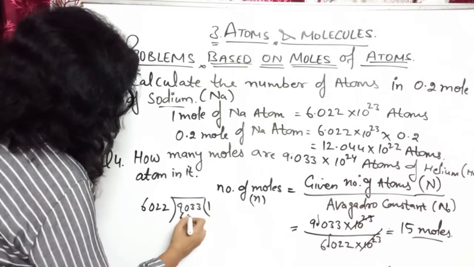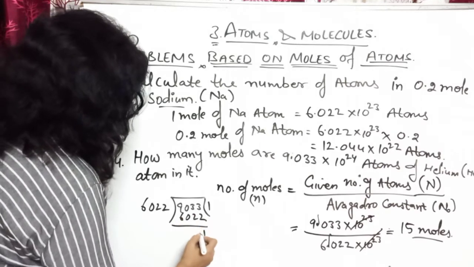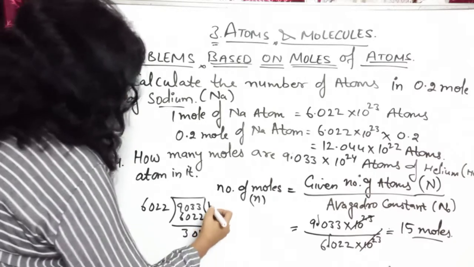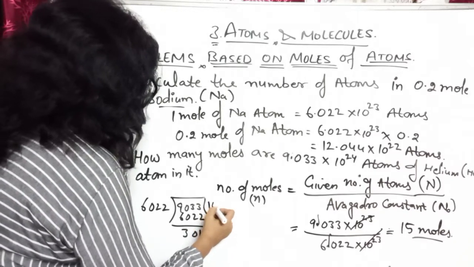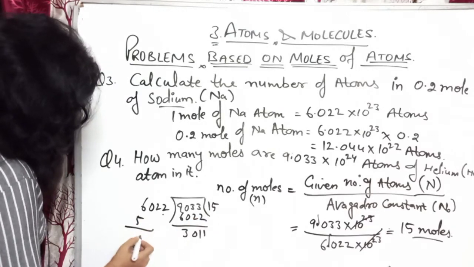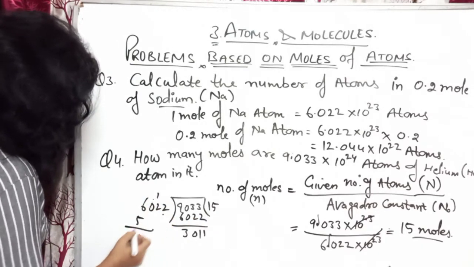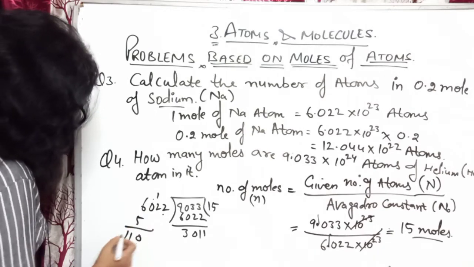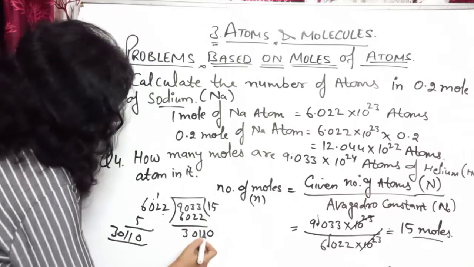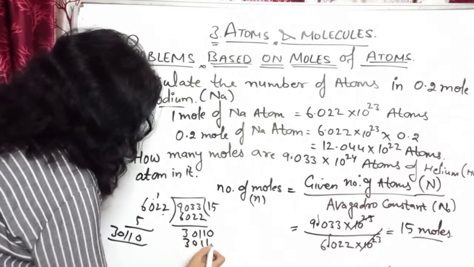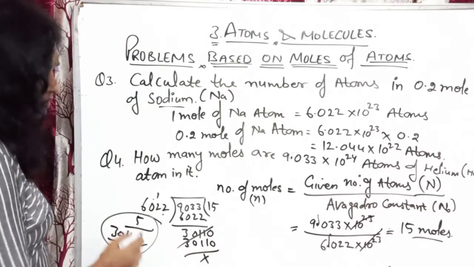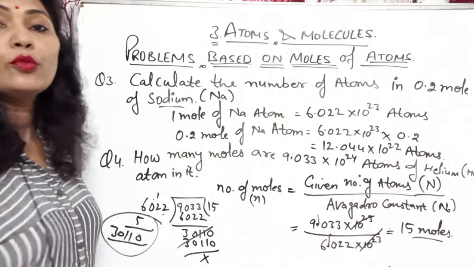Dividing 9033 by 6022 gives 1.5, and with the power of 10 that comes to 15 moles.